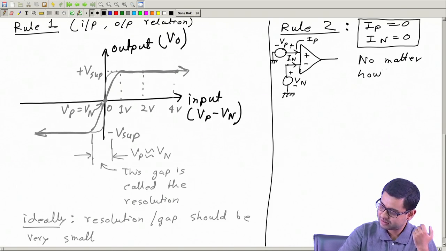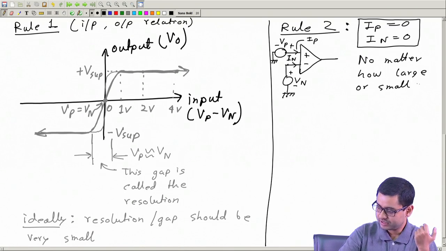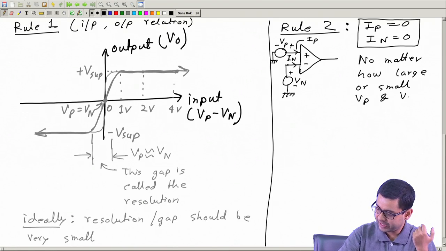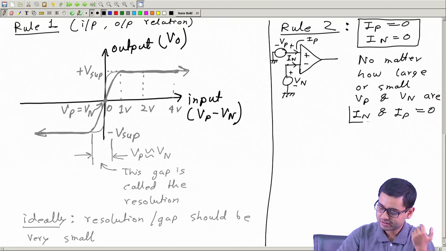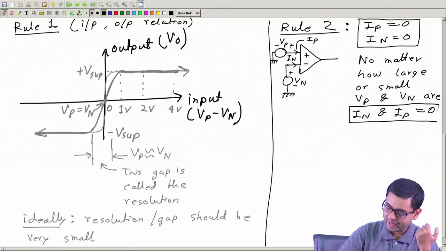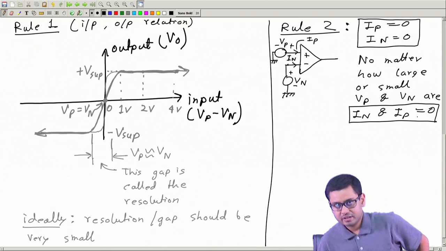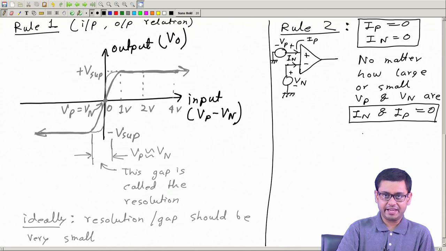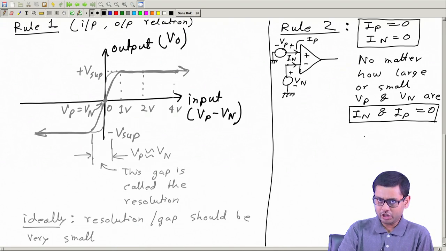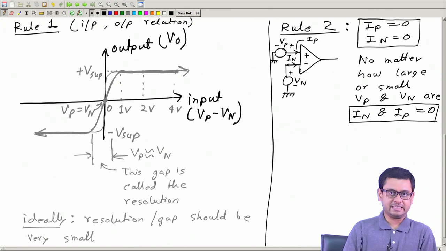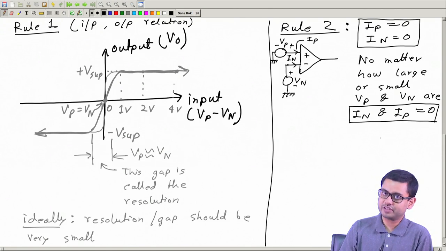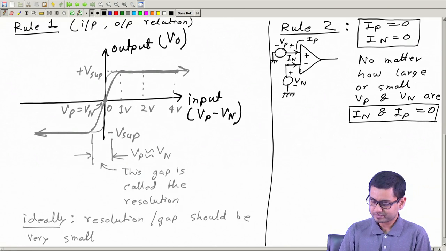Practically, it's not 0. This is for theoretical, ideal op amps. Practically, it is very small, maybe microamperes. It's so small that for most calculations, you can neglect it.